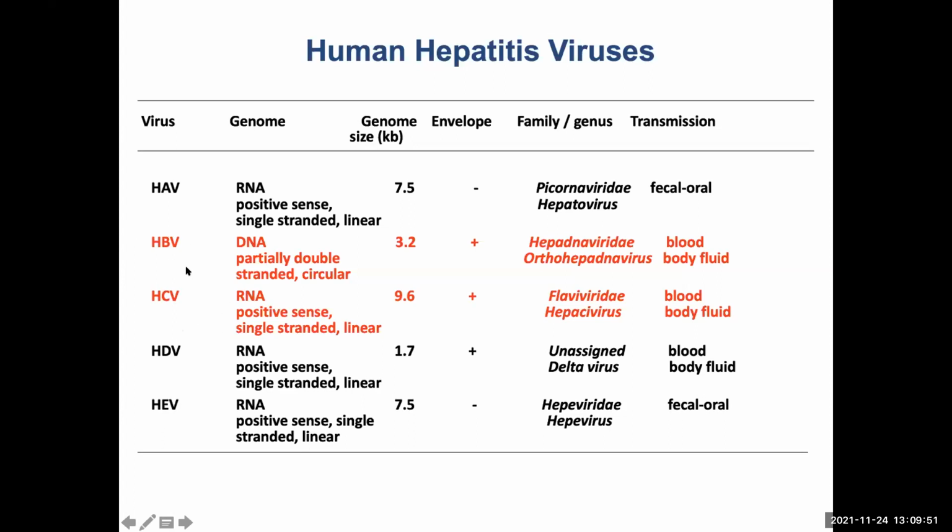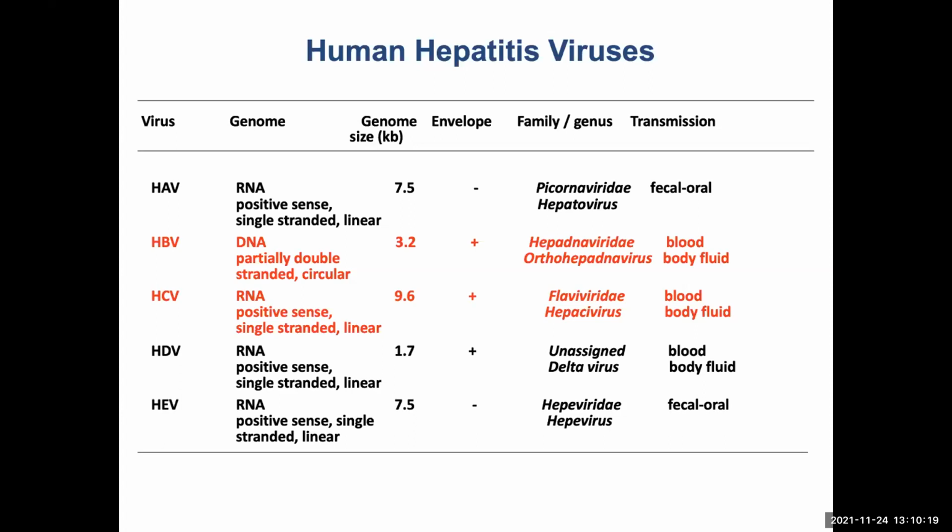As you know, HBV is a DNA virus carrying a partially double-stranded circular DNA as a genome of 3.2 kilobases. HBV has S protein as an envelope protein and belongs to the Hepadnaviridae family, Orthohepadnavirus genus.